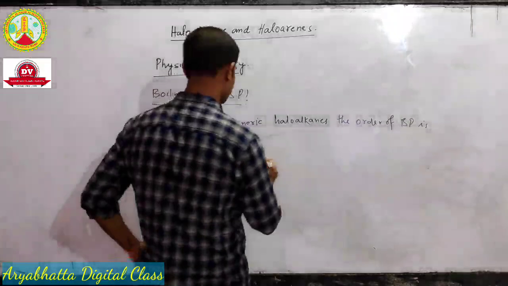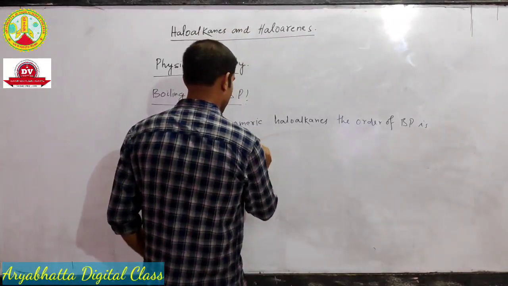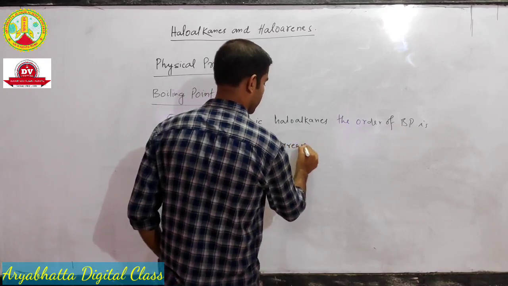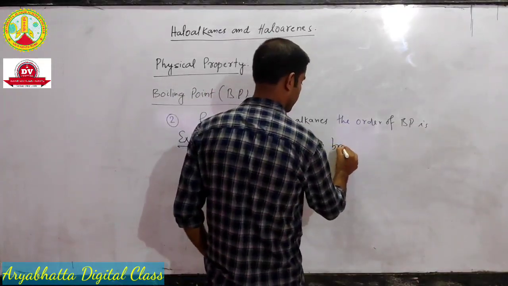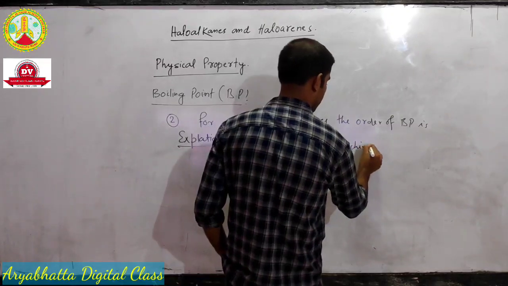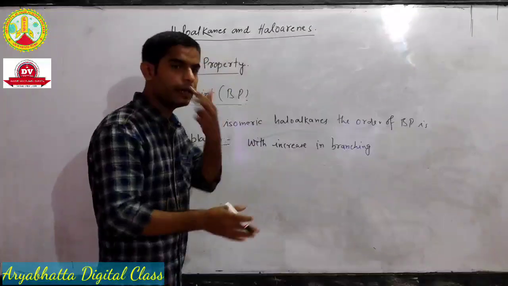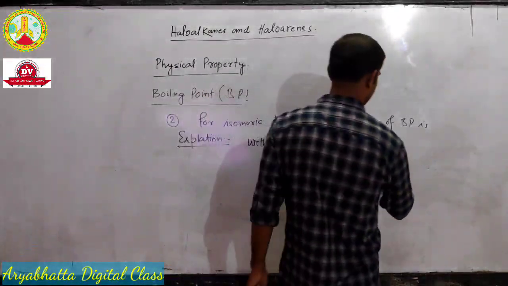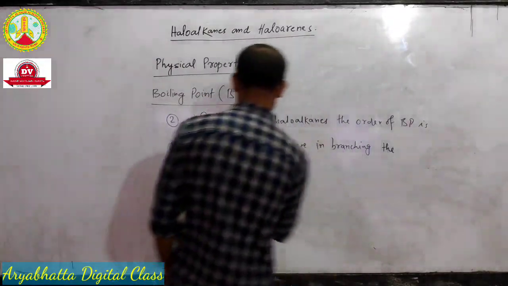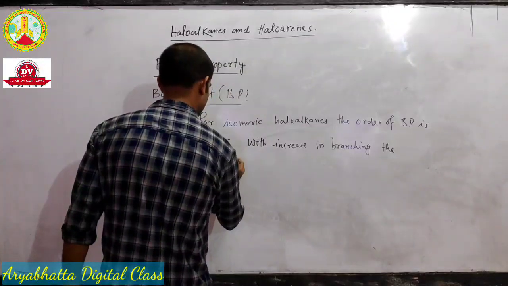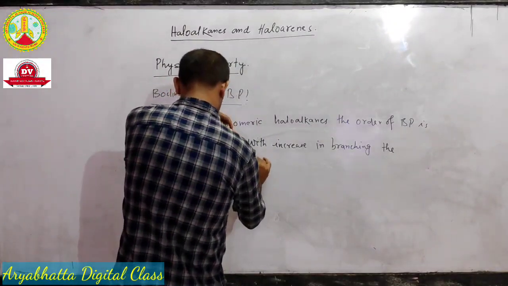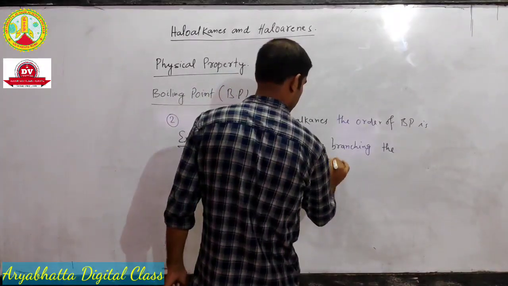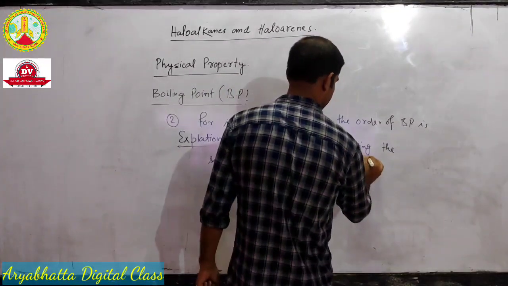The explanation is, with increase in branching, you have seen that in 3 degree haloalkanes we have more branches, so with increase in branching the surface area of the molecule decreases.